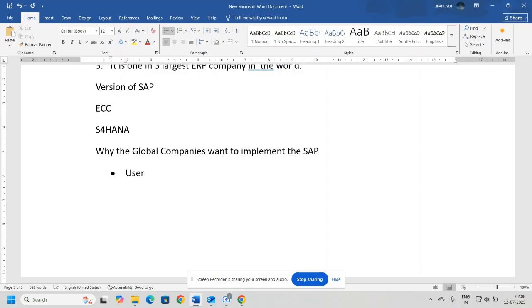First, it is user friendly. It is developed globally.